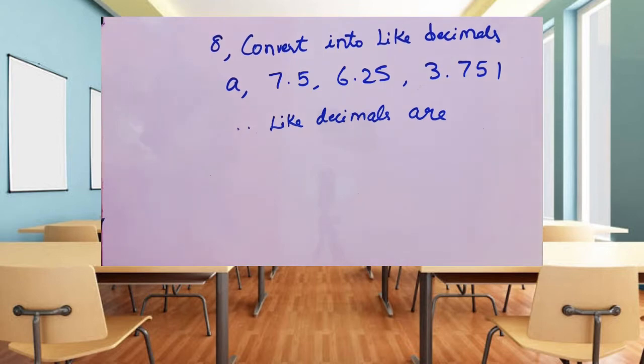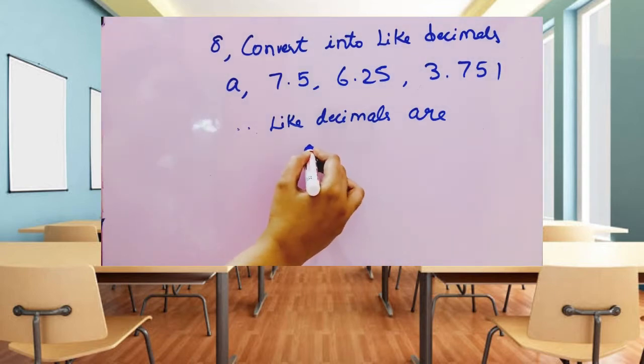So we need to change all the numbers to have 3 digits after the decimal point in order to make them into like decimals. We can add 0, and we should make sure that the value of the number is not changed. Okay, so 7.5, how can we convert it into like decimal?